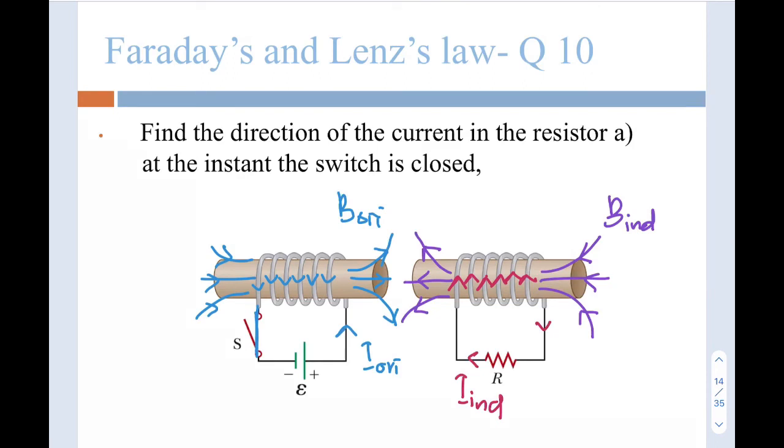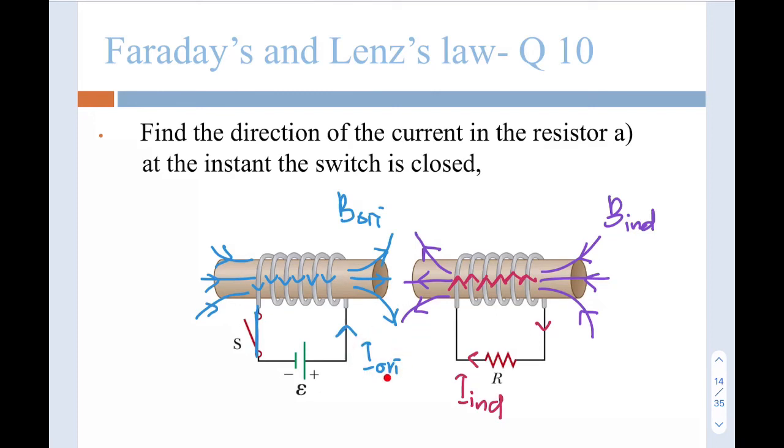So please be particular. The most important thing is that you need to check the change that happens, and then the idea of the B induced or I induced is actually not to have the change, to oppose the change. So you check. Let's say all of a sudden madam opens this switch, what will happen?